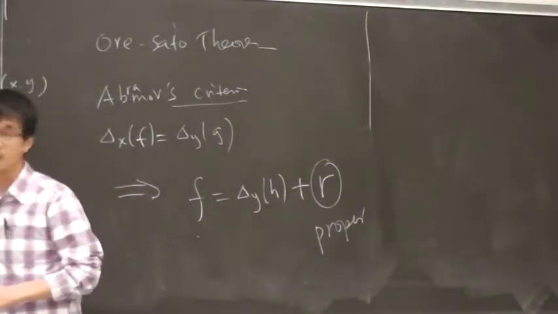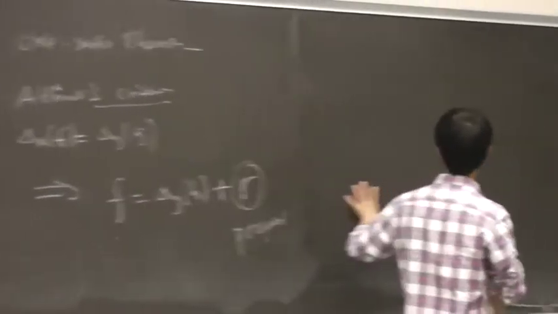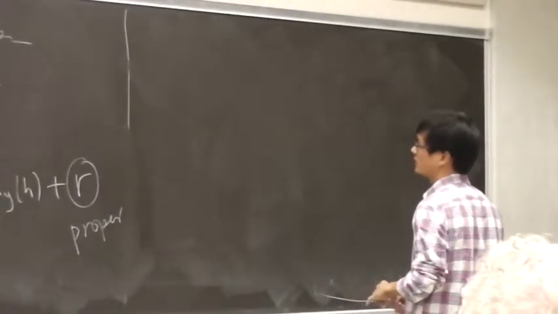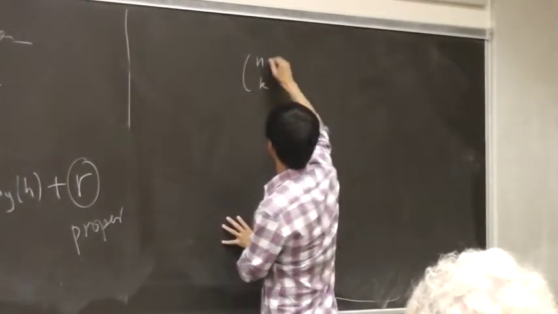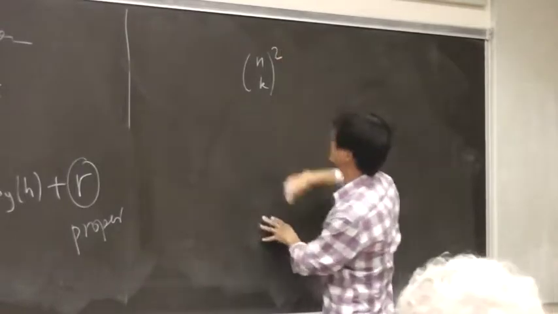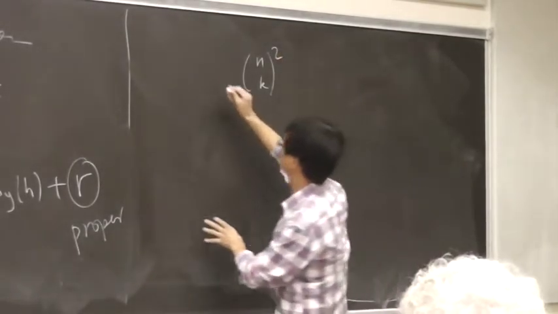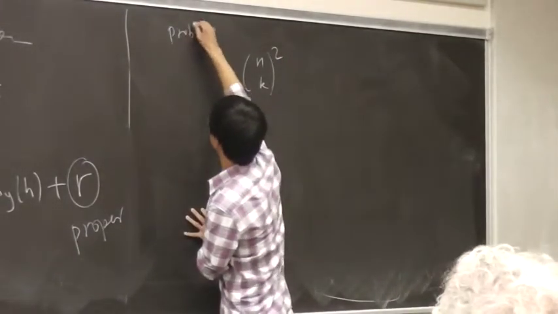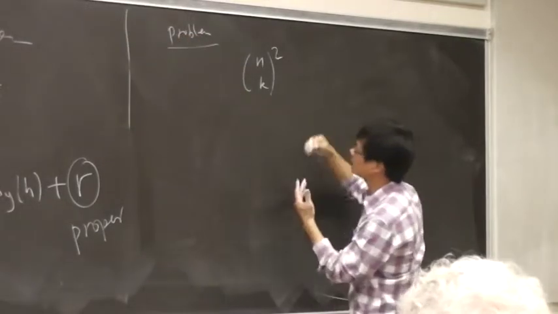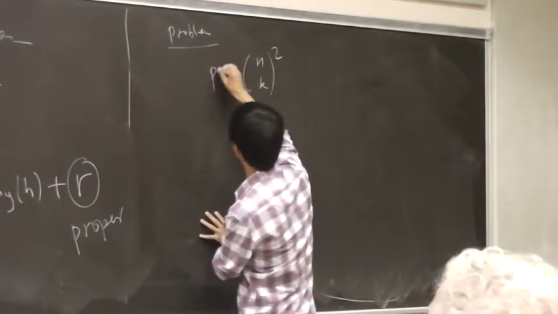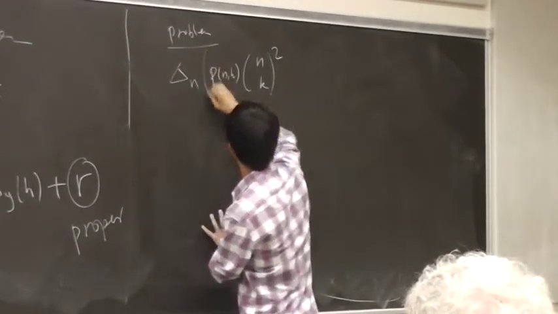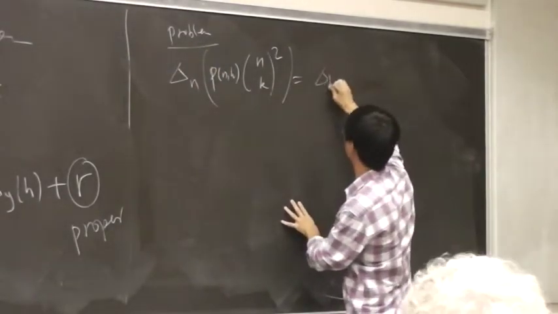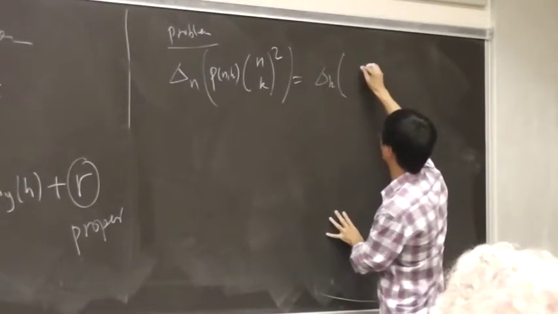I have one minute left. The next thing you can do is go beyond the rational case. You need to fix some kernel, like n choose k. The problem is to characterize all possible polynomials such that the difference of this is the difference of another g.